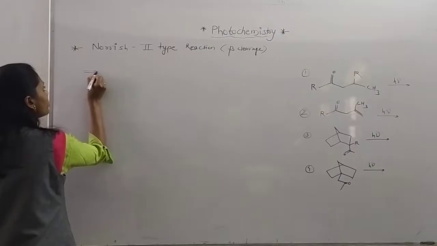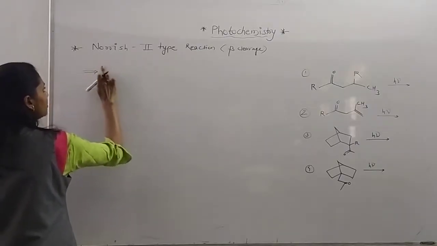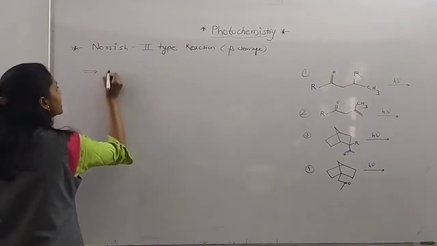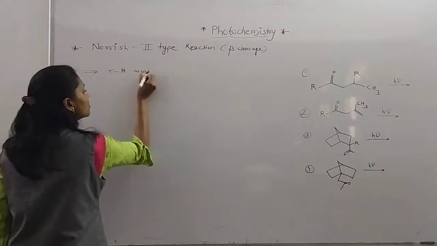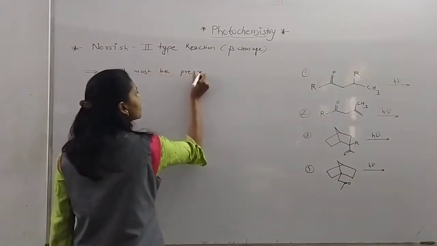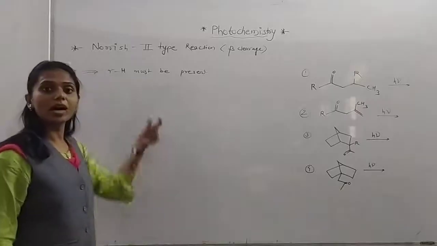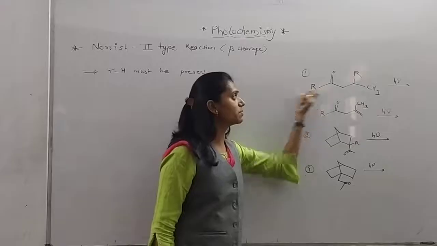The first and most important point is that a gamma hydrogen must be present in the structure of the substrate.